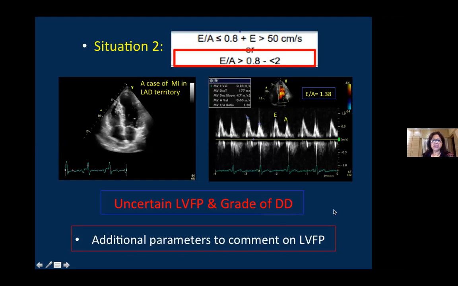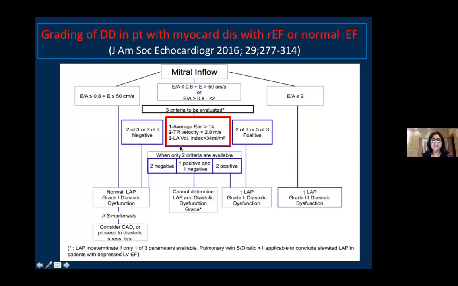Now let us see what the additional parameters are. These 3 are the additional parameters. One is the average E by E prime. The criterion is it should be more than 14. TR velocity should be more than 2.8 meter per second, and LA volume index positive criterion is more than 34 ml per square meter.